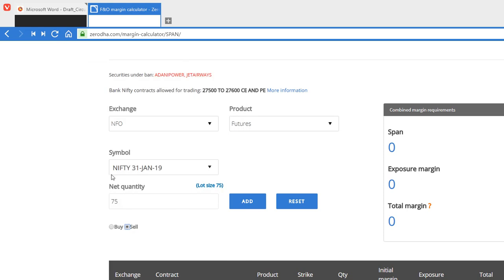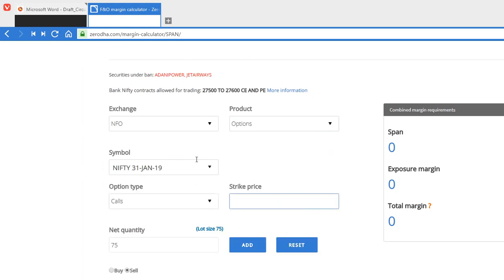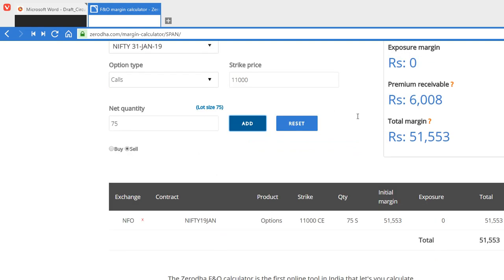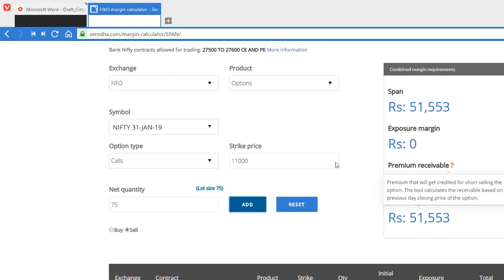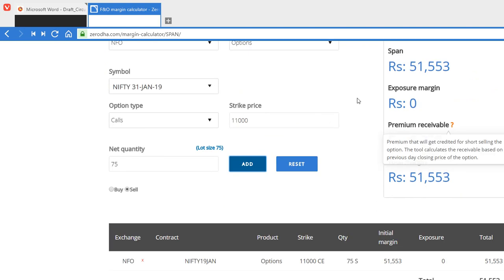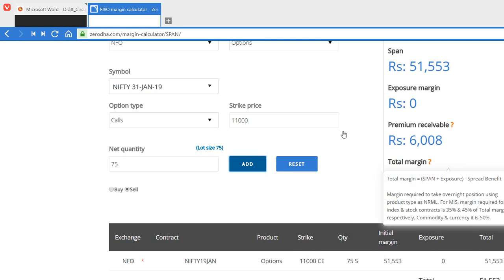Now, if you are selling options, let me go to options here, and for the 11,000 strike, for example's sake, the margin required is 51,000. As you can see here, there is something called exposure margin and SPAN margin. SPAN plus exposure minus spread benefit is the total.